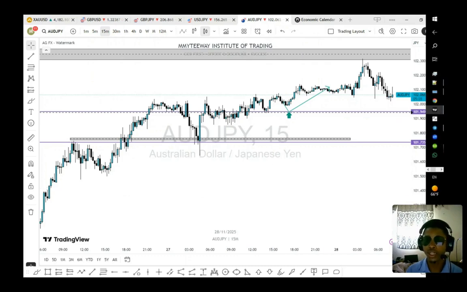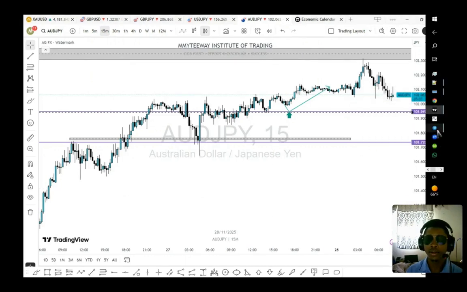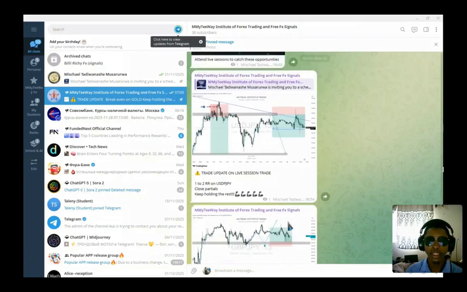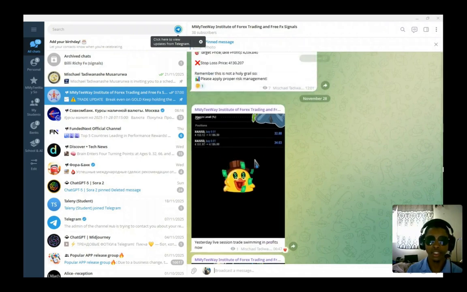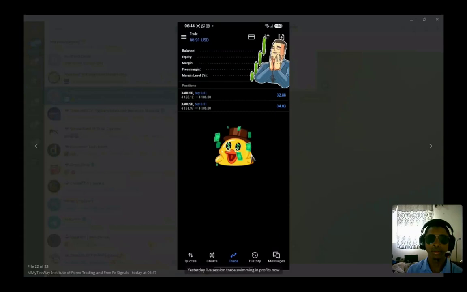Let me just show you an update. You can see I shared this trade with my community. I was just giving them early in the morning where our gold was before it had hit 1 to 2. This is where it was, around 1 to 1, right?